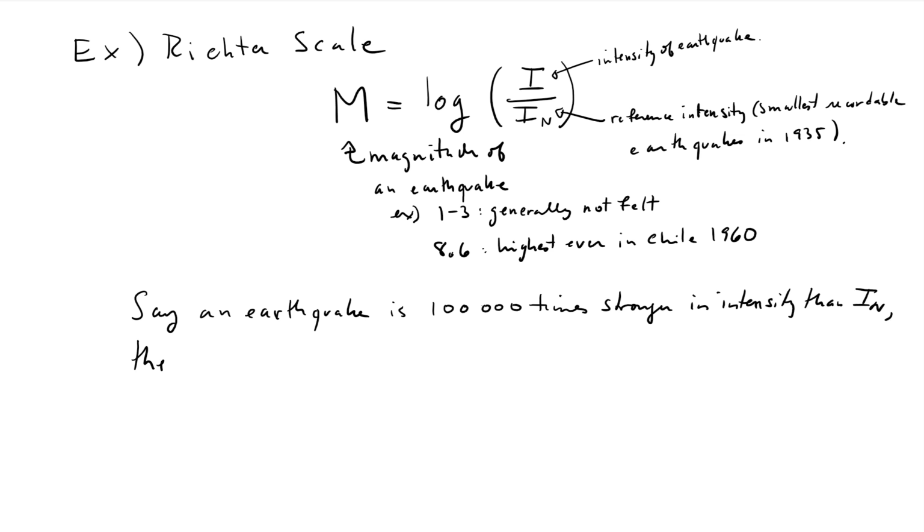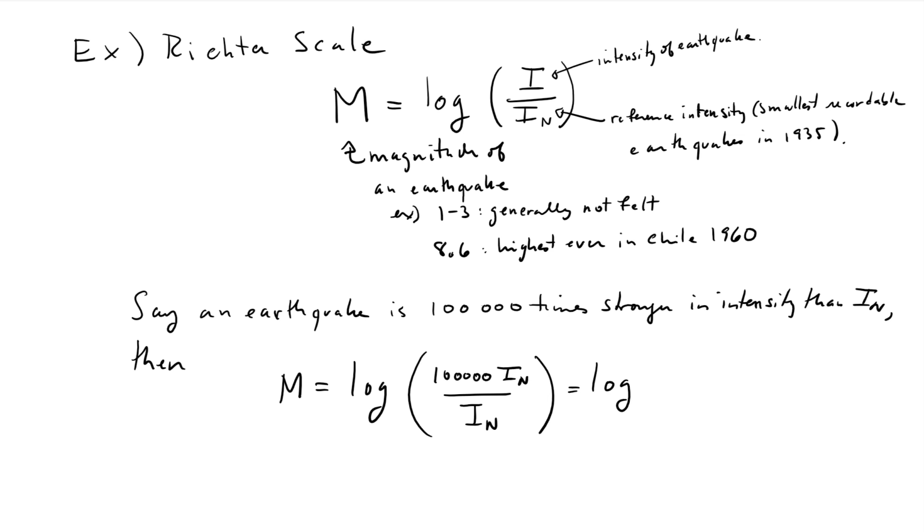Then what's going to be the magnitude of that earthquake? The magnitude is going to be log of the intensity of our earthquake. Now it's 100,000 times more intense, so it's 100,000 times IN.